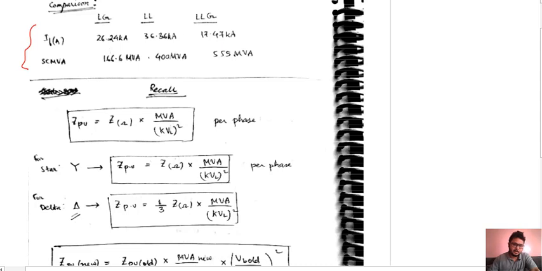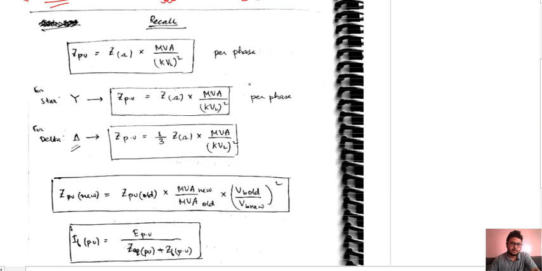Single line to ground fault is not more severe. Double line fault is more severe; here the current is very high. Double line to ground fault is less compared to LG fault. And where is the short circuit MVA highest? Here, not here, here. So in the three cases this is severe and here this is severe. This is just a comparison.